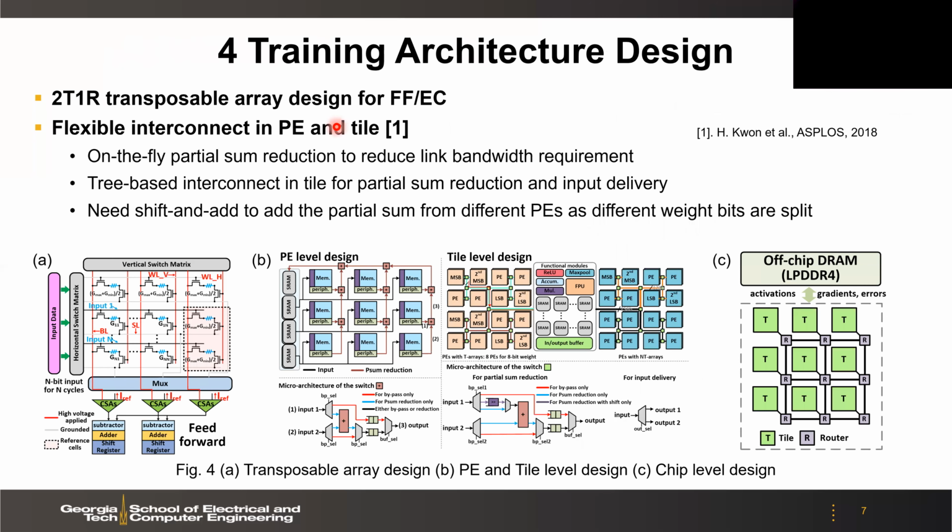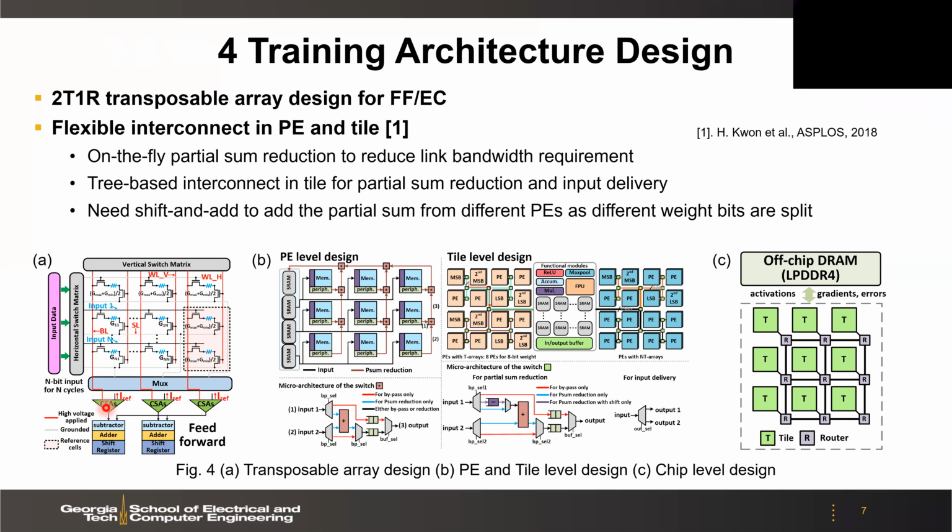And here's the training architecture design using computing memory technology. Figure A is a transposable array design. A 2-transistor, 1-resistor based memory cell design is used in the array. The multi-bit input feature map is input as single bit for multiple cycles, and therefore shift and add is used. The ADC is implemented with multi-level current mode sense amplifier to convert the partial sum current to digital values.